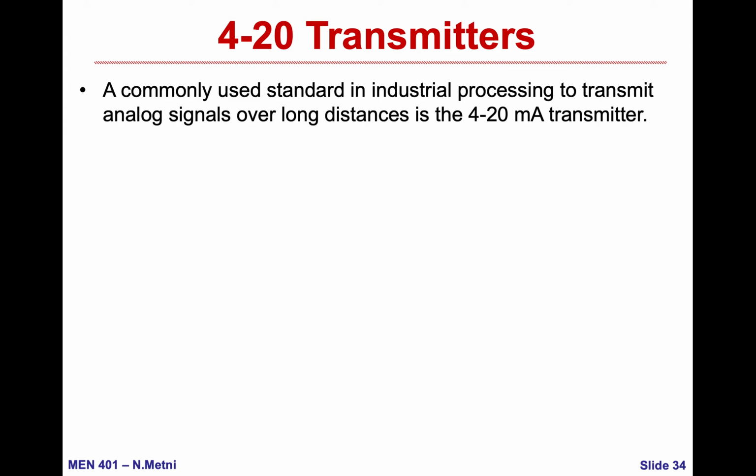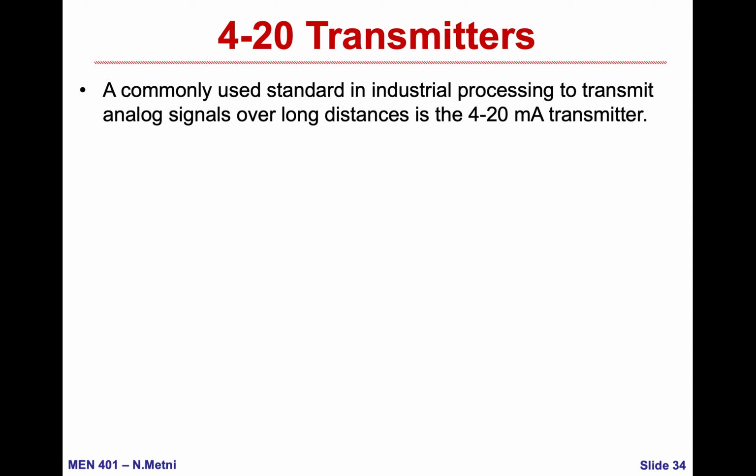So when I have a very large length of these wires, I have a resistance, so I have a voltage drop. So the voltage that I will be reading from the PLC will be different from the voltage coming out from the sensor. This difference is due to the voltage drop across the lengthy wire. So this is the problem.